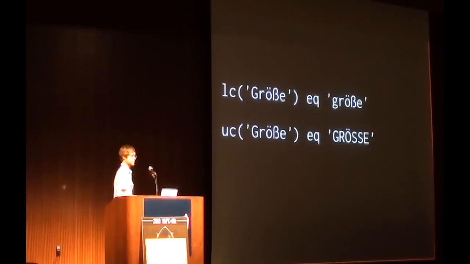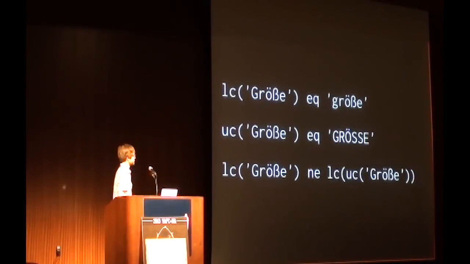But this brings up some trouble with comparison because here, let's lowercase it and uppercase it and then lowercase it. Well, this is not going to match because now on the right side, we've got lowercase s. And this isn't just a problem with the sharp S. There are a lot of Greek characters where there are multiple cases depending on where they are in the word.